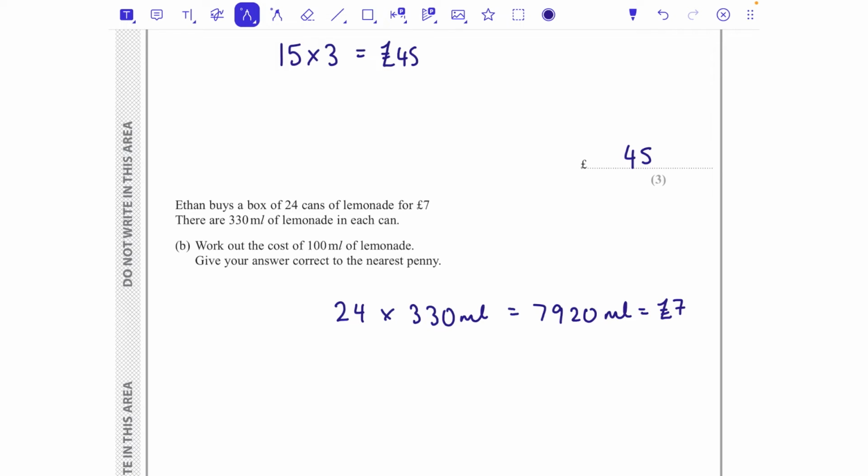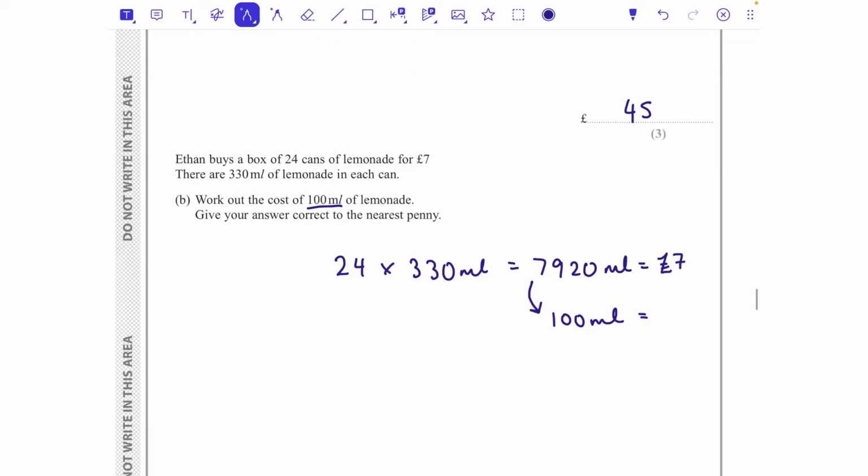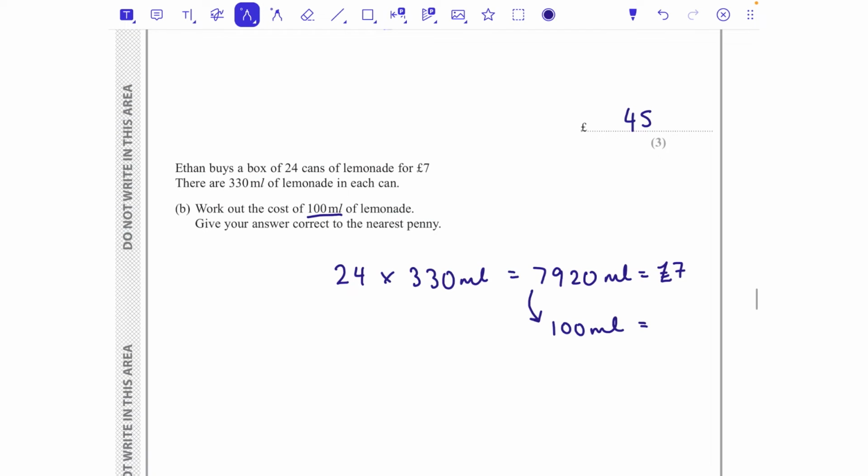Now, I would like to know how much is in 100 ml. So what have I had to divide that by to get to that? I'm going to need to also divide the price by the same. So 7,920 divided by 100 is going to be 79.2. So I've divided this side by 79.2 to get to 100.